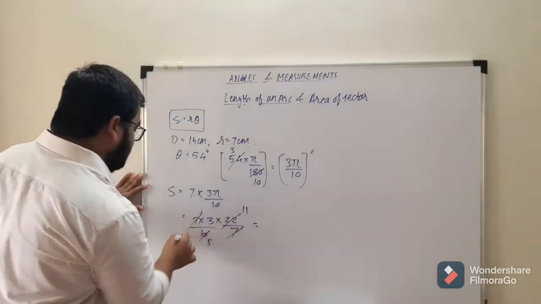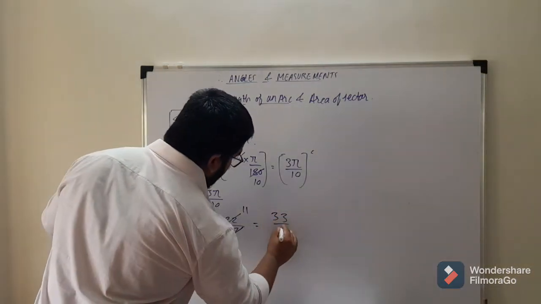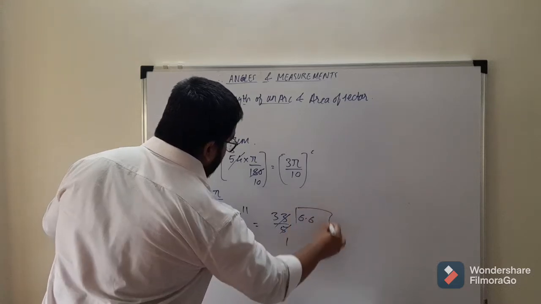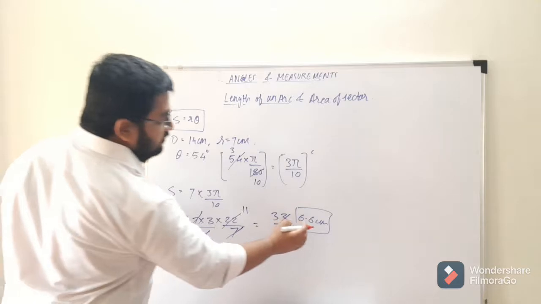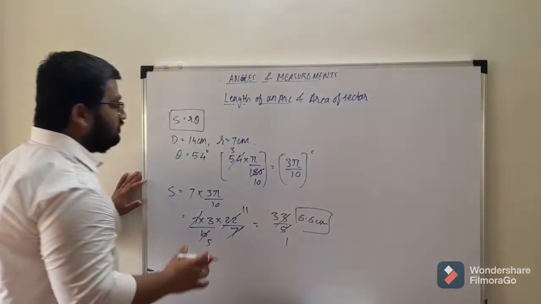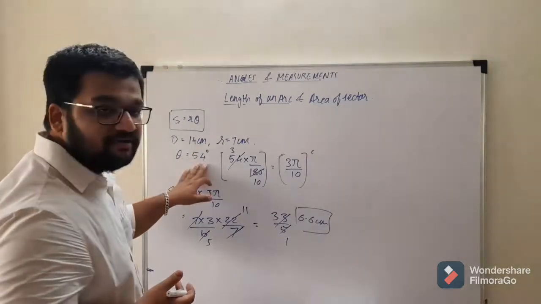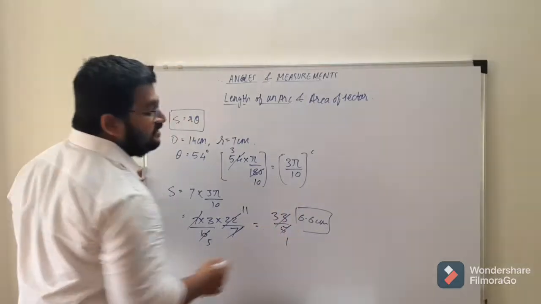Again 7 will get cancelled. 3 into 11 upon 5, that is 33 upon 5. This is nothing but 6.6. As they have given us in centimeters, the arc length will be 6.6 centimeters. That is, a circle having a diameter of 14 centimeters and an angle of 54 degrees will have an arc of 6.6 centimeters.